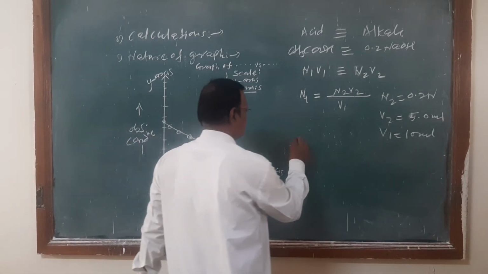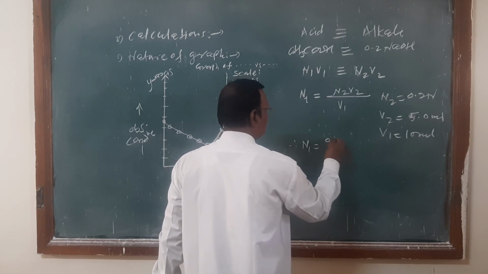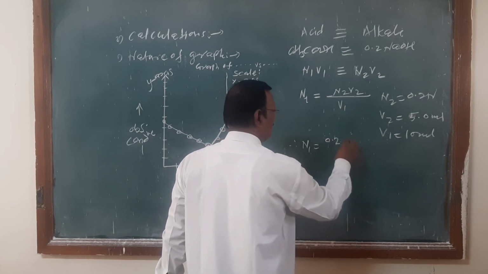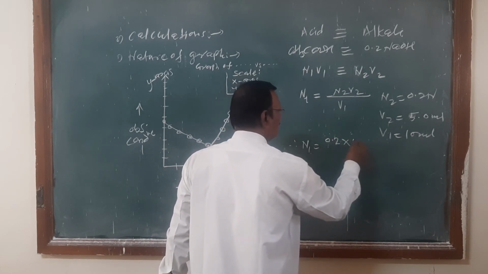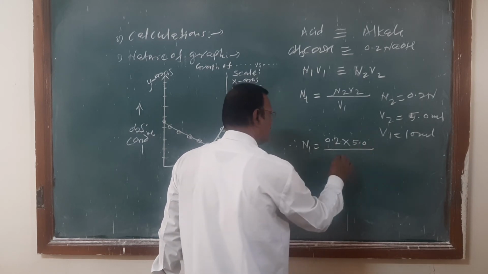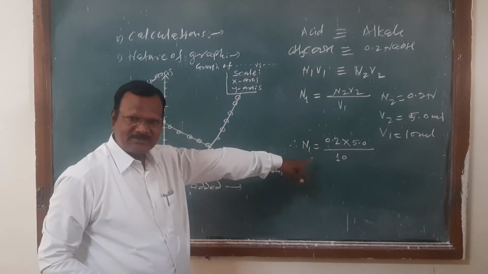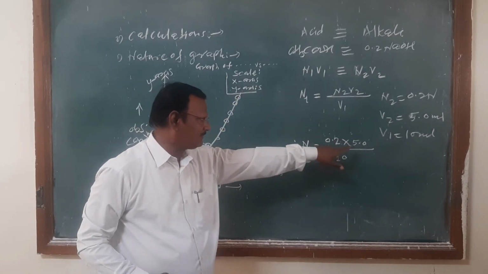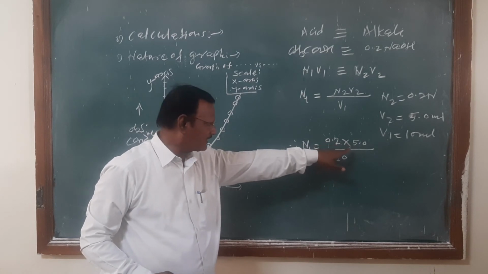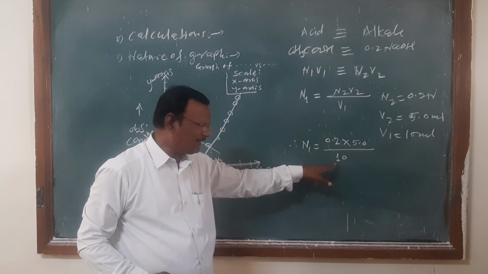Then we represent it: N1 is equal to 0.2, the N2 value, into 5.0, the P2 value, divided by P1, that is 10 ml. We calculate the multiplication 5 into 0.2, that is 1, divided by 10.